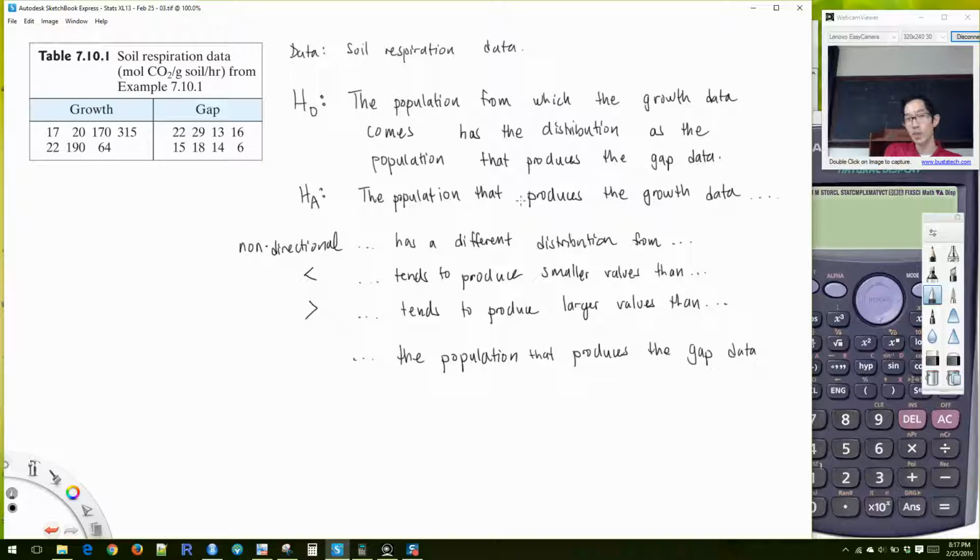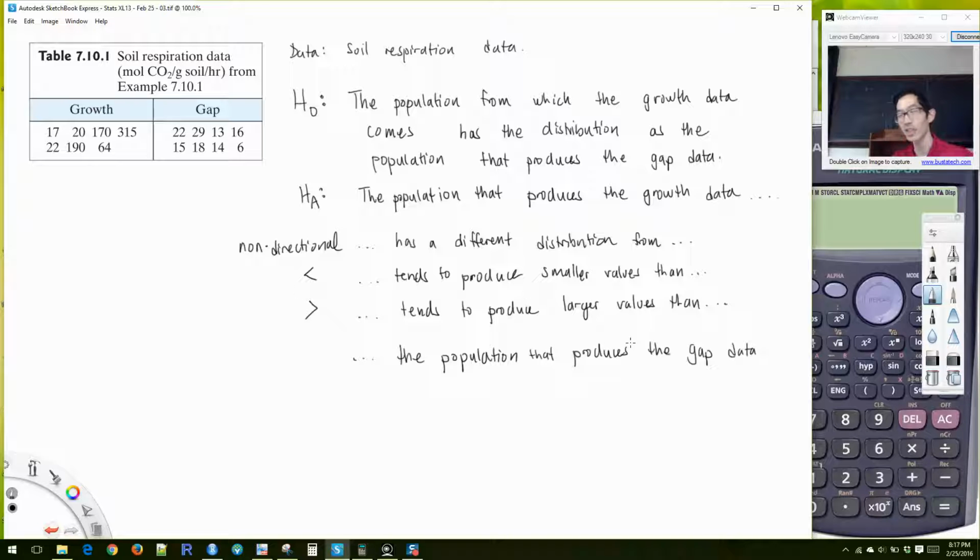Or it tends to produce larger values than the population that produces the gap data.